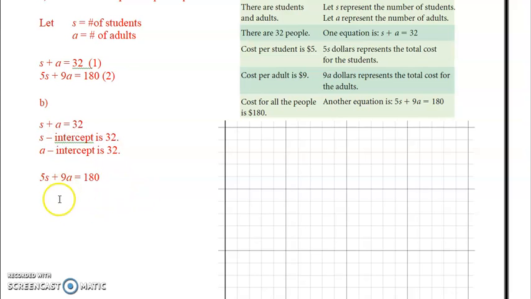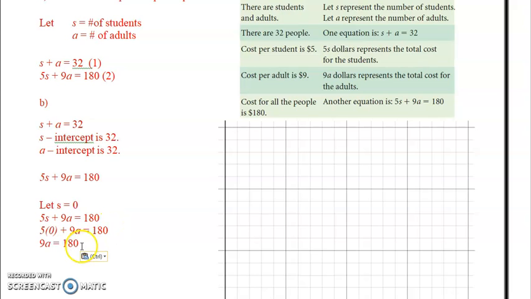And for this one here, we'll let s equals 0. So we'll solve for a. Right, so we let s equals 0, so plug 0 in there.